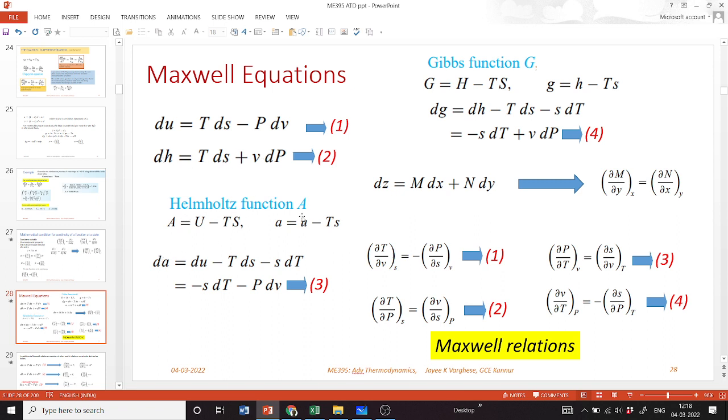And the Helmholtz function is written like this: dA is equal to minus SdT minus PdV, third equation. And the Gibbs function dG is equal to minus SdT plus VdP. These four relations are there.